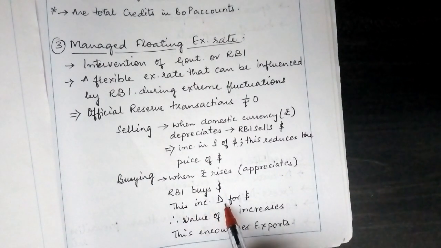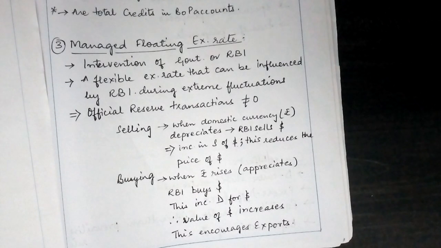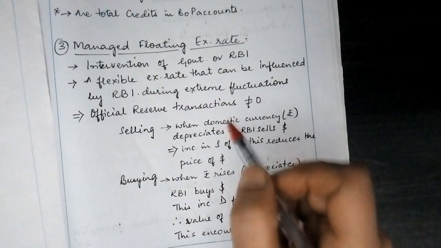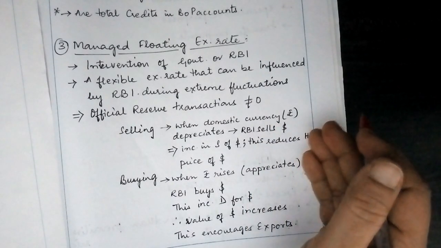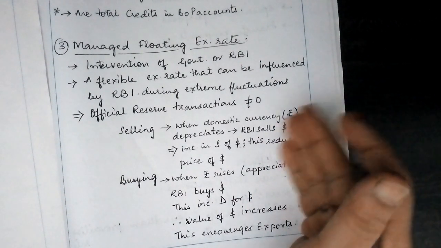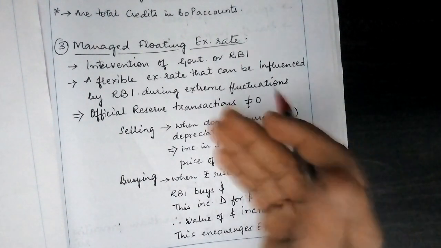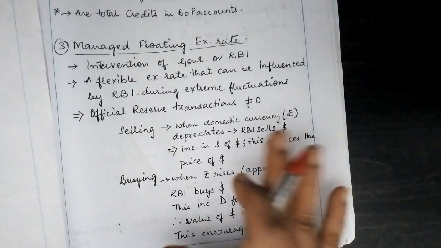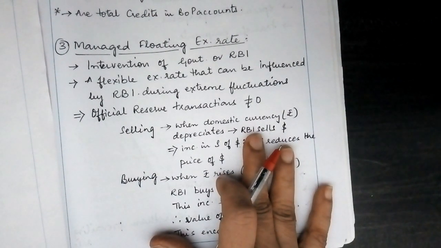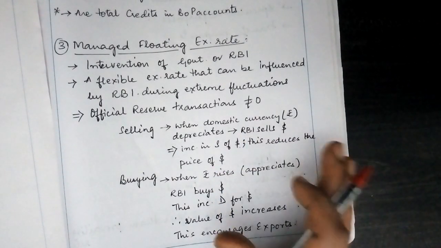This would increase the demand for dollars. Therefore, the value of the dollar increases. This activity encourages exports. Therefore, managed floating is a tool employed by the central bank to restore the value of the country's currency in relation to other currencies within the desired limits, even when the exchange rate is determined by the market forces of demand and supply.